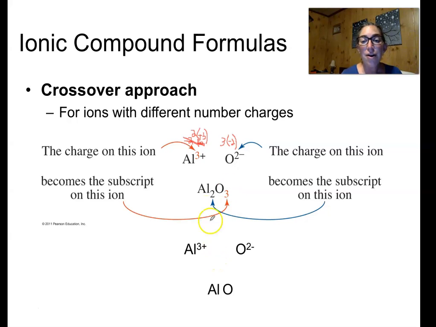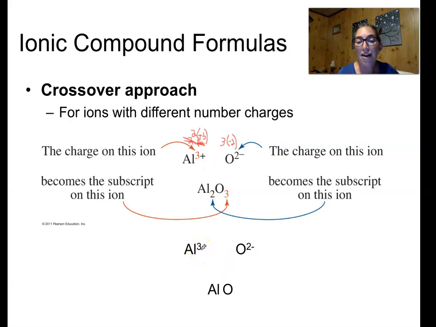All right, so it would look like this: Al2O3. We use subscripts to indicate how many atoms there are. The crossover technique is that you basically swap those exponents for subscripts on the opposite element. So for aluminum, it has a 3+ charge.